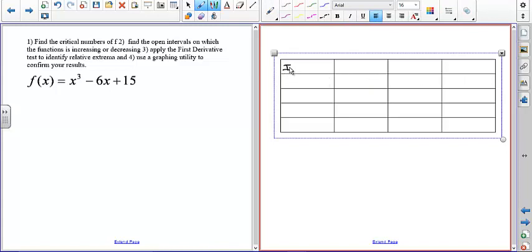There should be 3 intervals. They go from negative infinity to something, and then the last one goes to positive infinity. You'll have to put the other parts in. And this is where you pick the values of x that are in the interval. This is f prime at those values of x. Then you have the comments here, and you're going to draw a line to represent the comments over here.